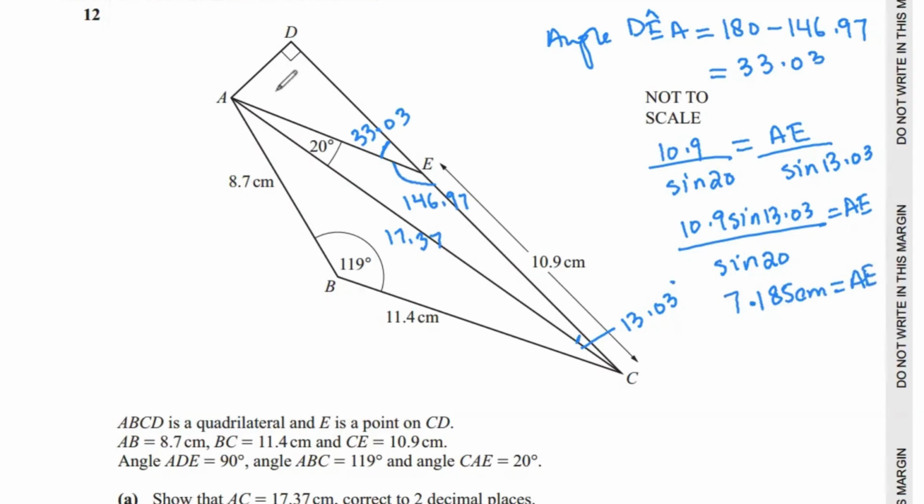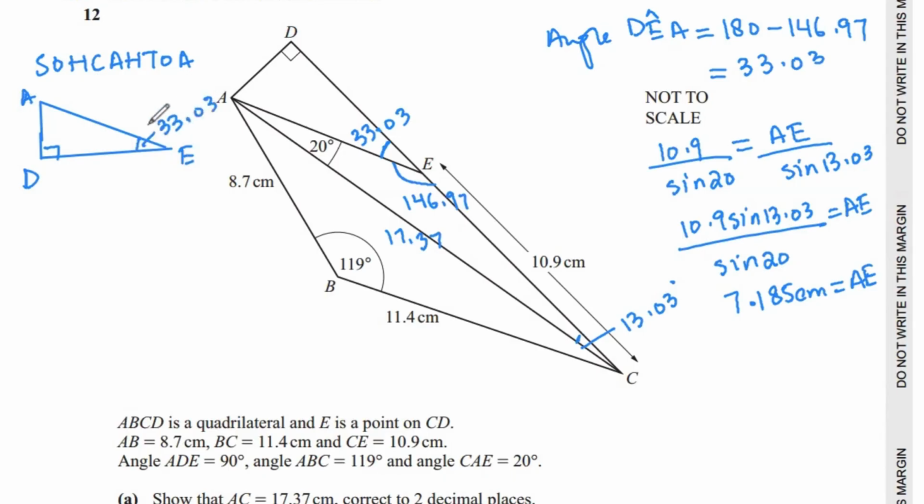Okay, so now we can find these two lengths using SOHCAHTOA. So if I just redraw this triangle separately over here, this is D, this is A, this is E. So this is 33.03. And we just found AE, that's 7.185.